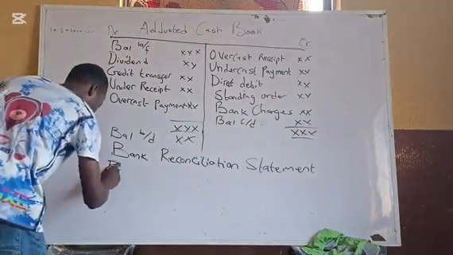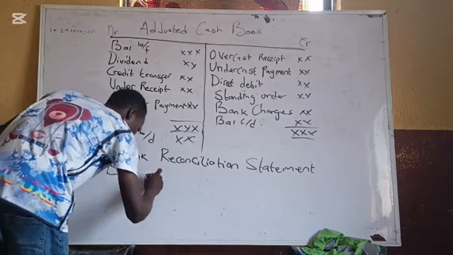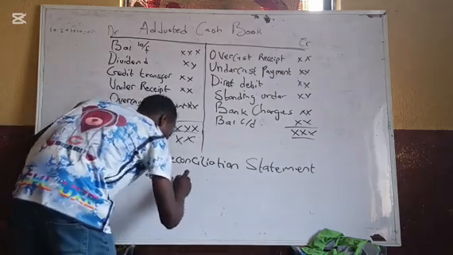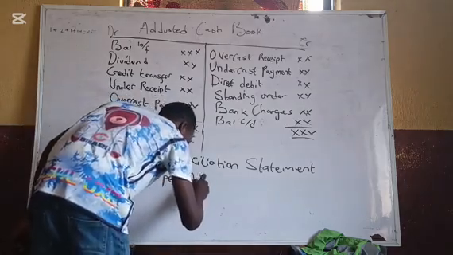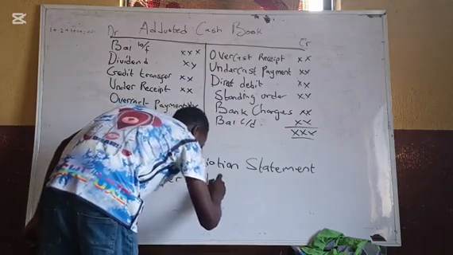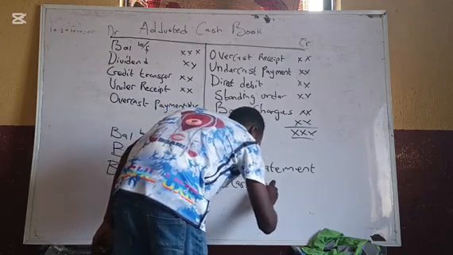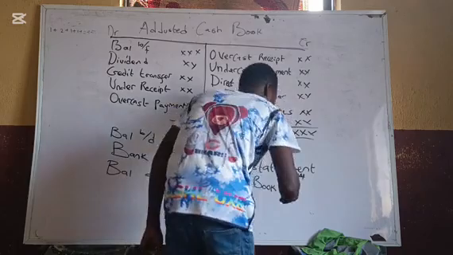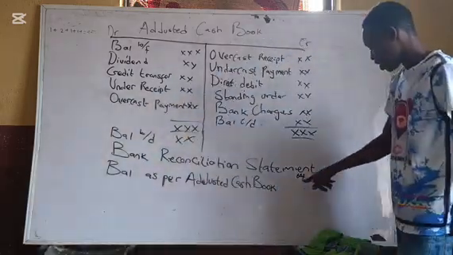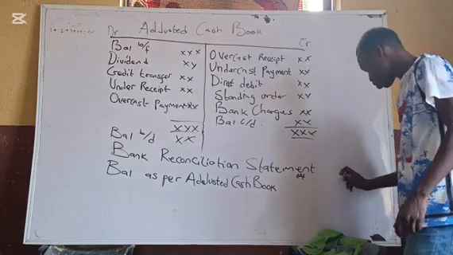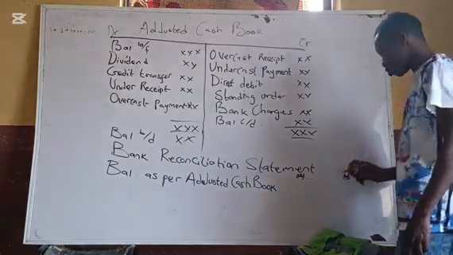So we have balance as per adjusted cash book. It depends on the currency which you are using, but here I used the naira. Do you get it now?